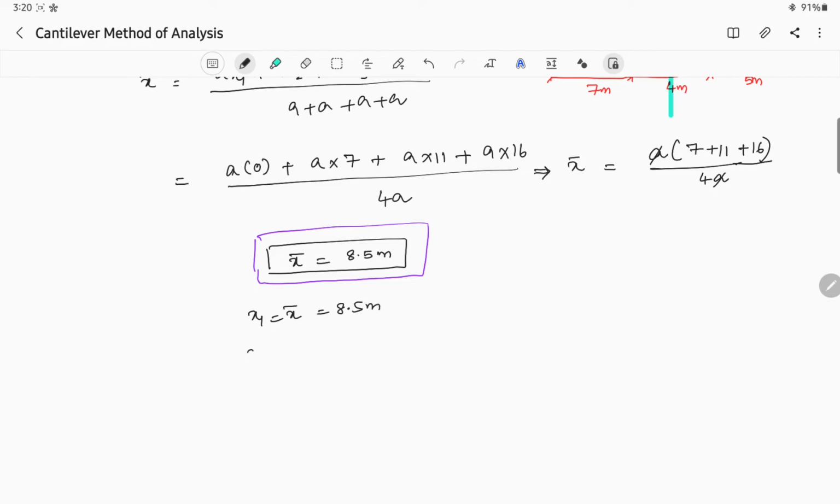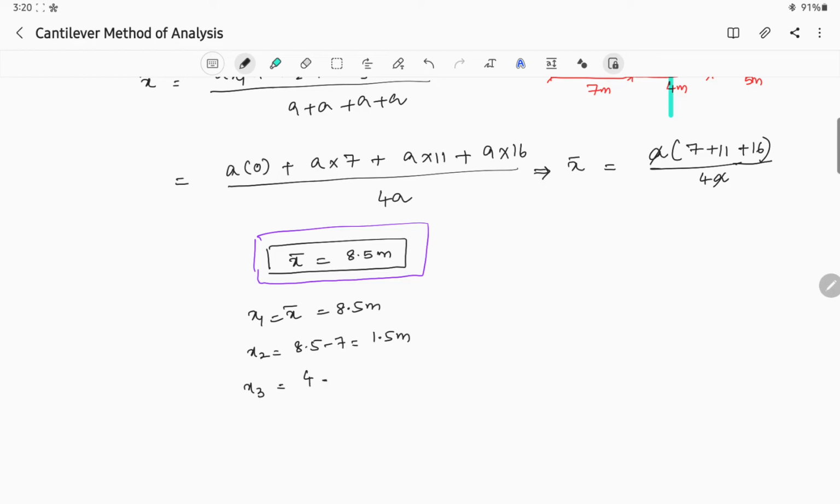Similarly, x2 is equal to how much? x2 is equal to 8.5 minus 7. You will get it as 1.5 meters. Similarly, what about x3? x3 is equal to 4 minus x2, right?